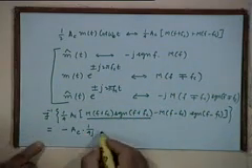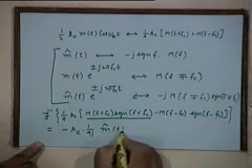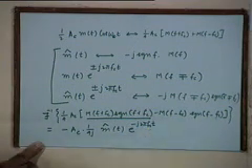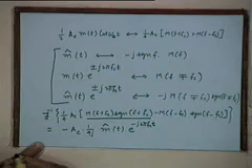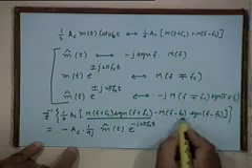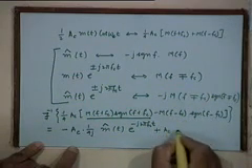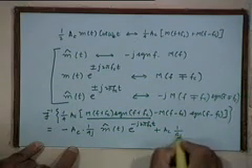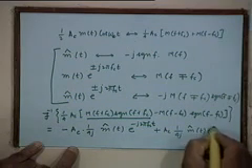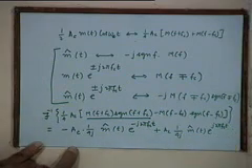So 1 by 4 j into m hat t e to the power minus j2 pi fct, right? And what about this term now? Same thing, plus AC 1 by 4 j into m hat t e to the power plus j2 pi fct, right?